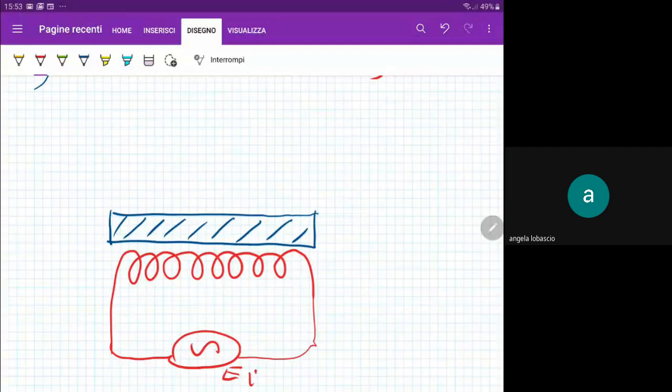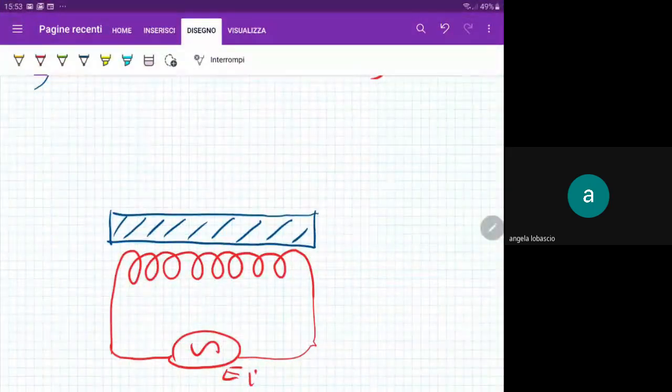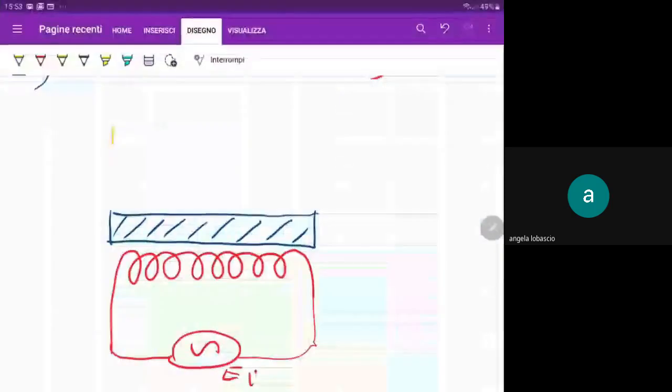But now we have something different, and the circuit is like this.